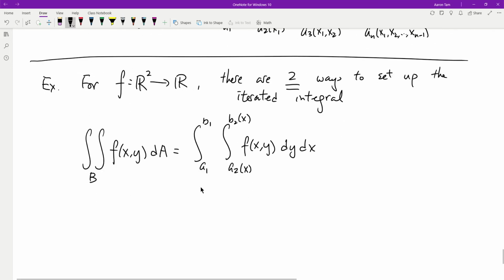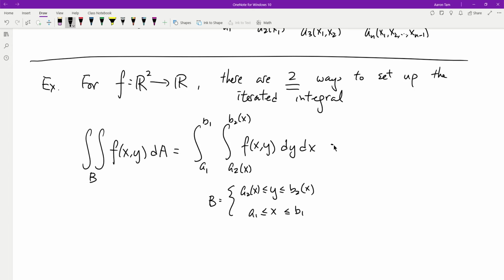And this way would basically describe the region B using these two inequalities: a2(x) ≤ y ≤ b2(x), and x between a1 and b1. So that's one way to do it.